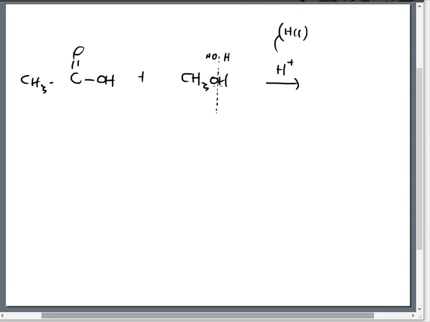If we put this into an acidified environment, the acid will first land on top of this oxygen to create a protonated alcohol group. And this protonated alcohol group, folks, if you go back and take a look at the nucleophilicity chart, is pretty ugly. It is a very good leaving group.